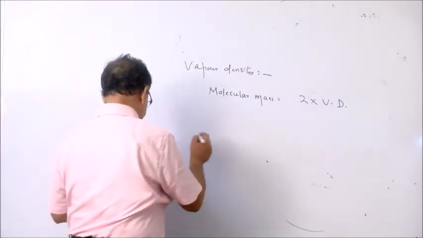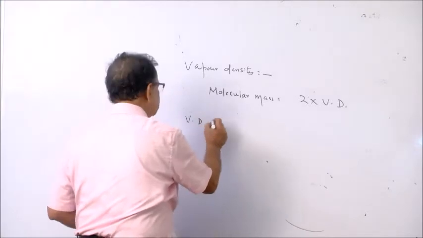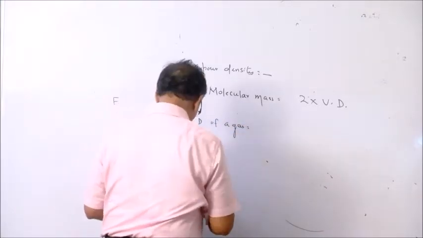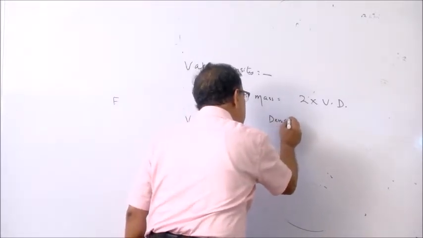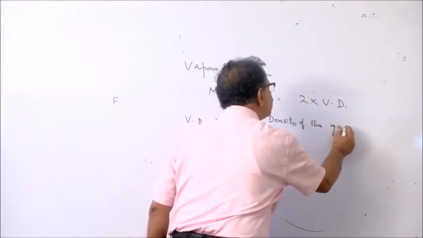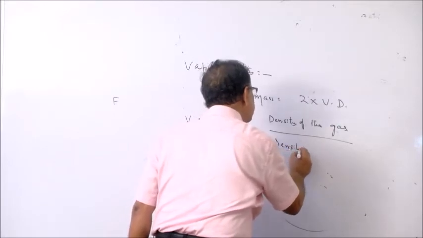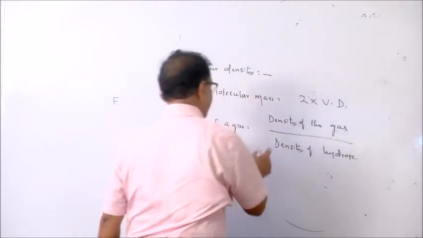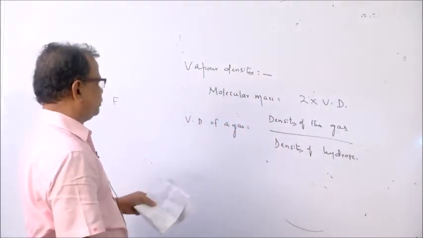So the vapor density of a gas is equal to the density of the gas divided by the density of hydrogen. By definition, the ratio of the density of the gas to the density of hydrogen is called the vapor density of the gas.